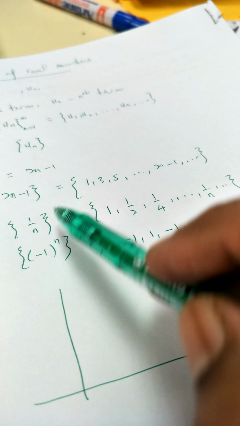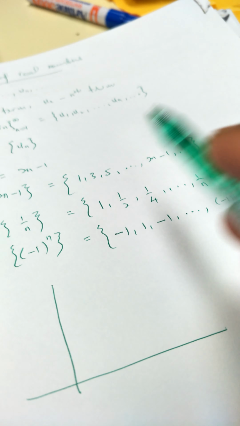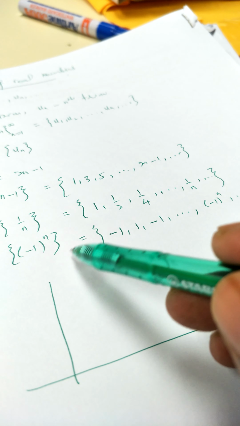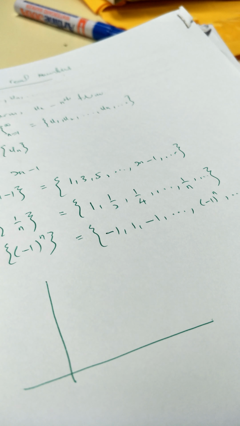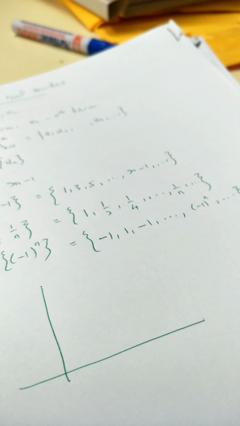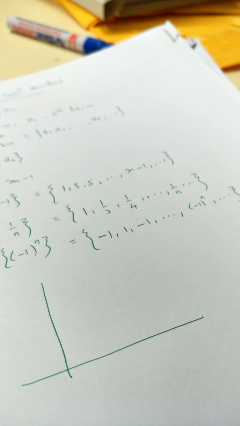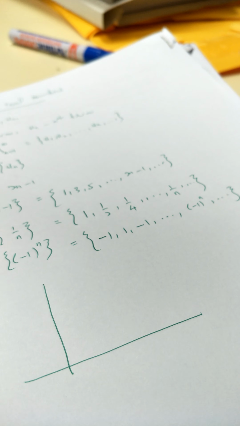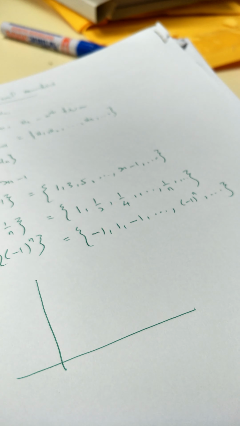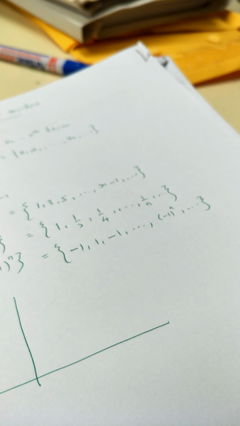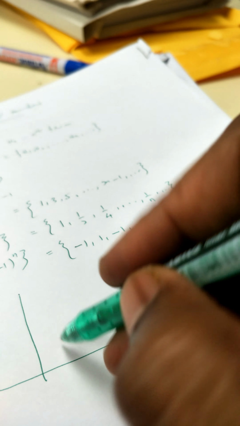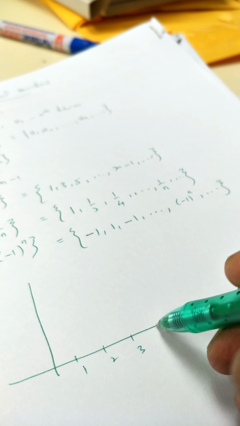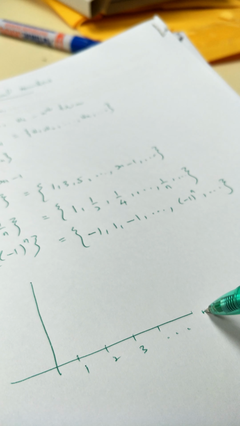For sequence example number 1, remember that n must be a natural number, 1, 2, 3, 4, 5. We cannot have 1.1, 1.2, 1.3, 1.5. n is a natural number, so n is 1, 2, 3 and so on.